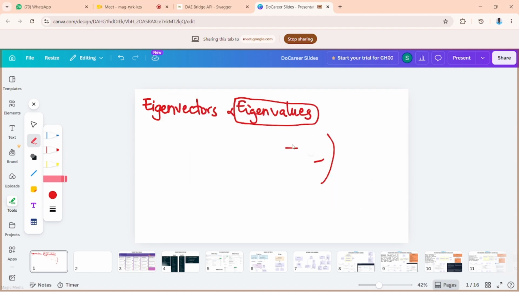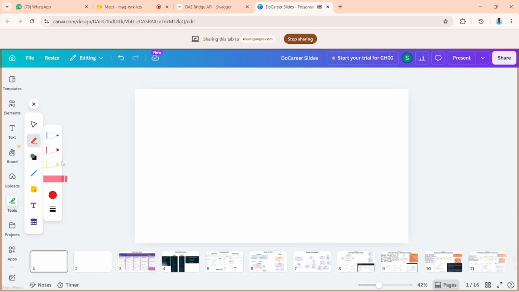All right. Now I have a particular matrix. Let's say you have matrix A equals 1, 6, 5, 2. And then we have a vector u.